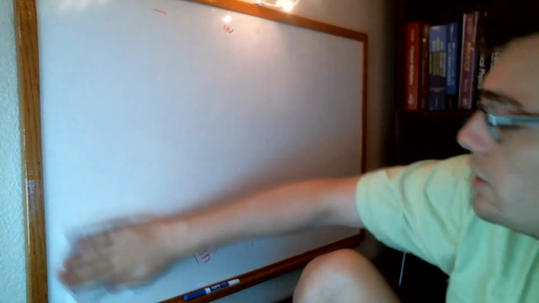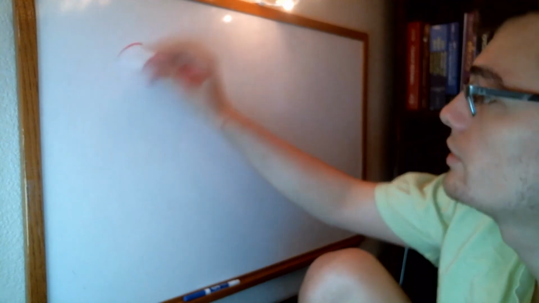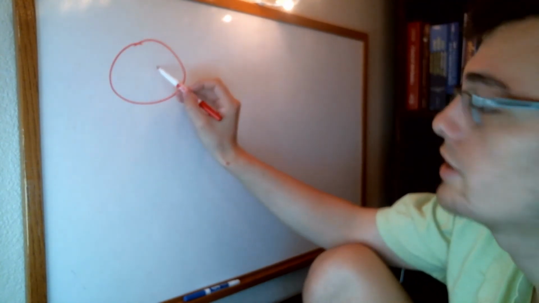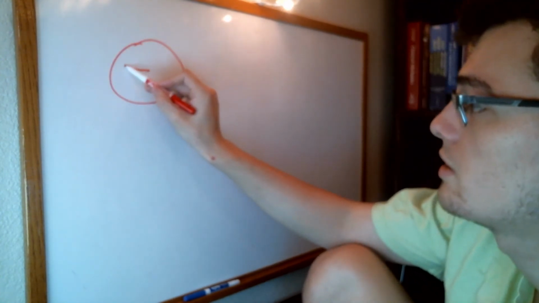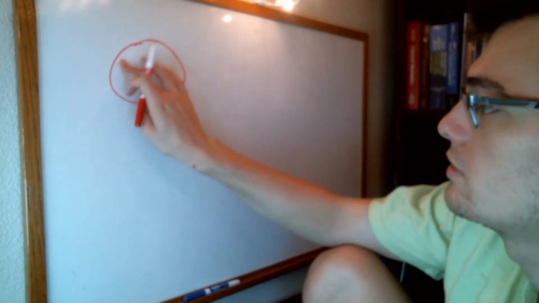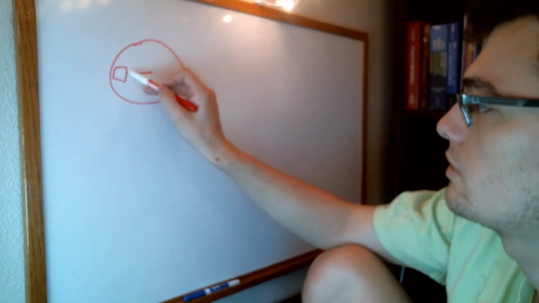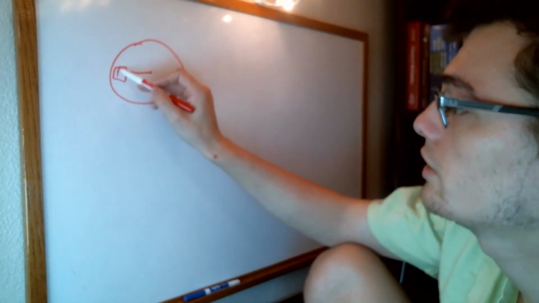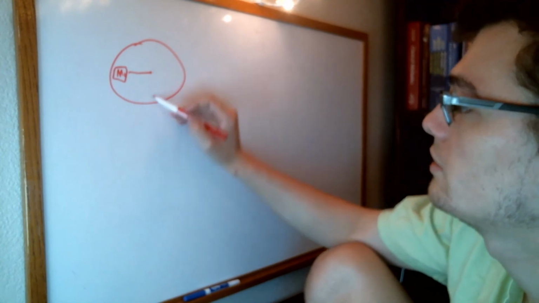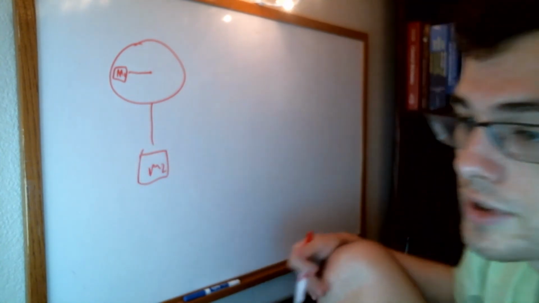Okay, so next up, we have two blocks, and they're going to be on a turntable here, or at least one of them is. So this is going to be M1 here, and then below this we're going to have our second mass here, M2.